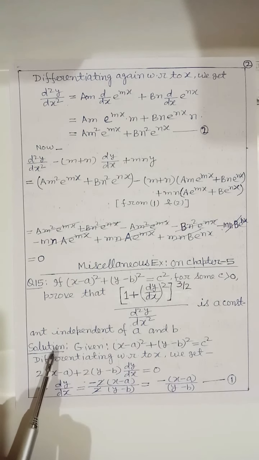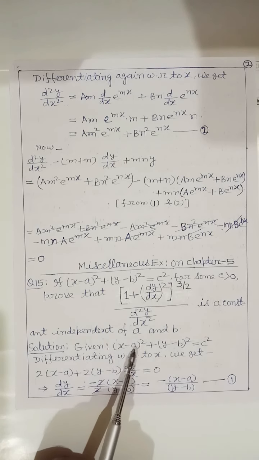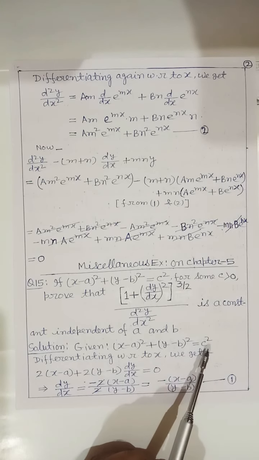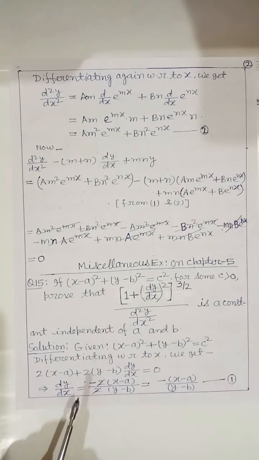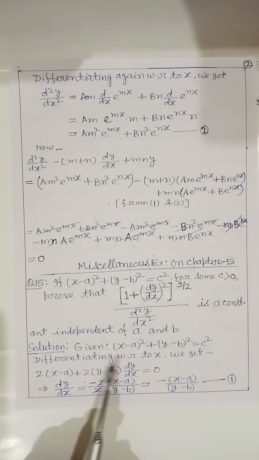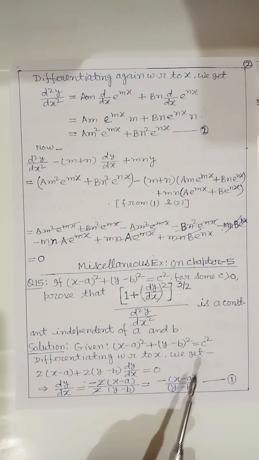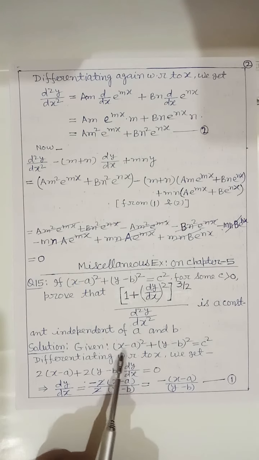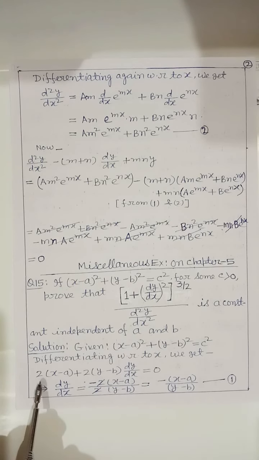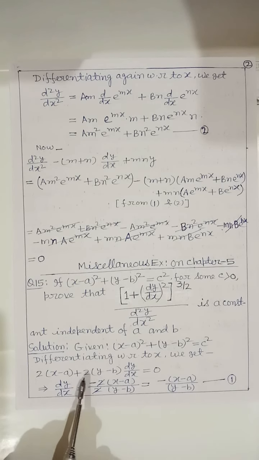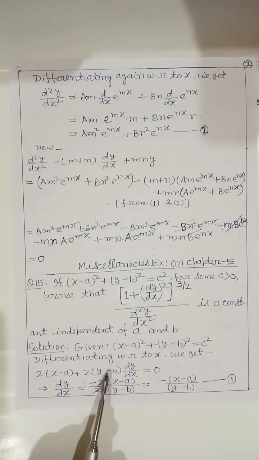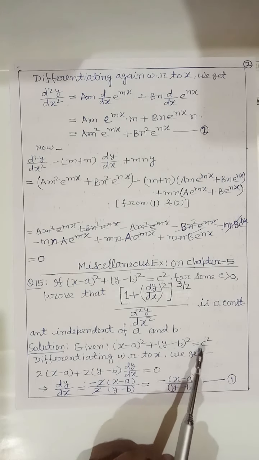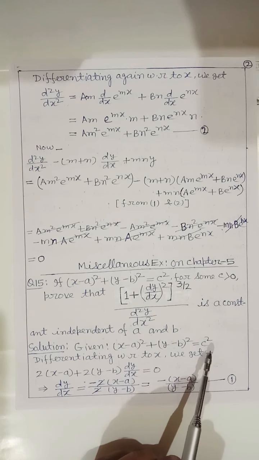To find the solution, we have (x minus a) square plus (y minus b) whole square equal to c square. It is given in the question already. Here we differentiate this with respect to x. We get 2(x minus a), again we differentiate x minus a, we get 1. So this is 2(x minus a) plus 2(y minus b), and if we differentiate y again, we get dy by dx, and this is equal to 0 because c square is constant.